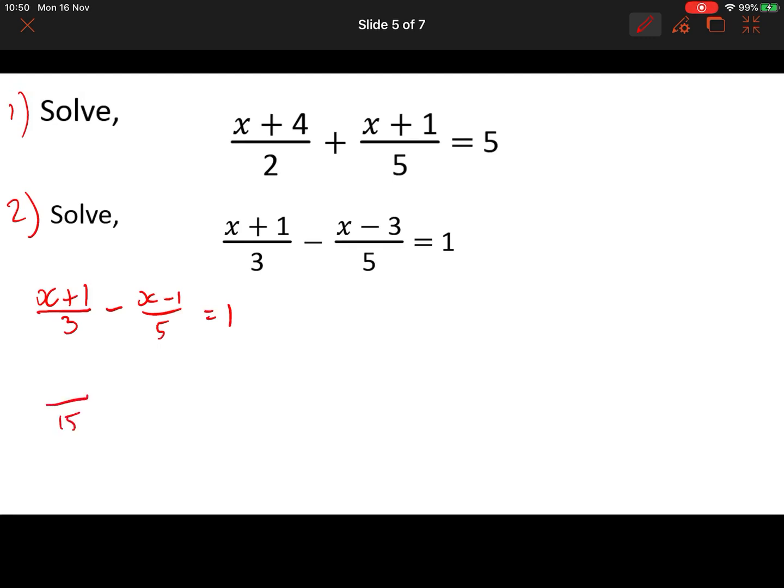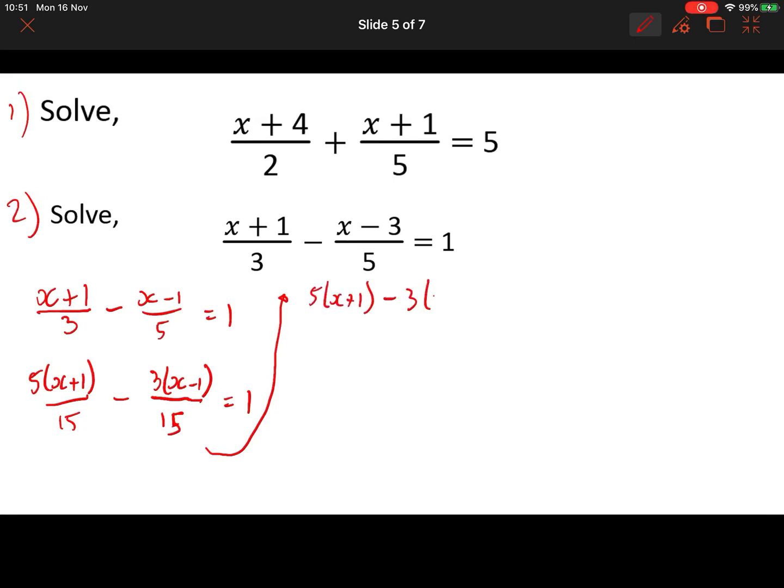So I need a common denominator. I'm going to go with 15. Because that's the lowest common denominator of 3 and 5. So I'm going to do 5 lots of x plus 1 and 3 lots of x minus 1, and that's all equal to 1. Okay, now I'm going to bring them all together under one common denominator, all of that under 15, and that is equal to 1.